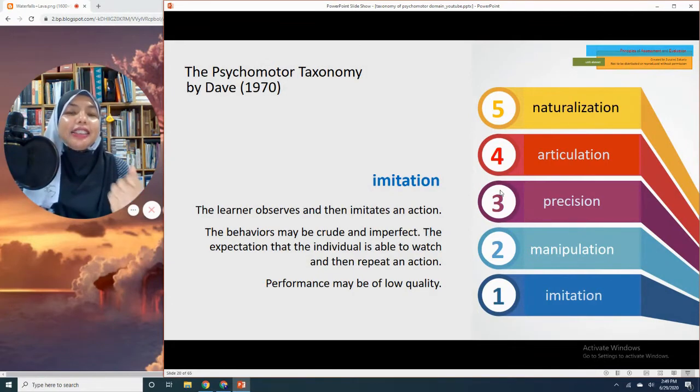It's important for you to show the skills to your students so that they are able to imitate the behavior. So imitation is very, very significant to new learners. If you don't show these skills to your students, they will have no idea how the skills work. So imitation is the key to learning any new skills.